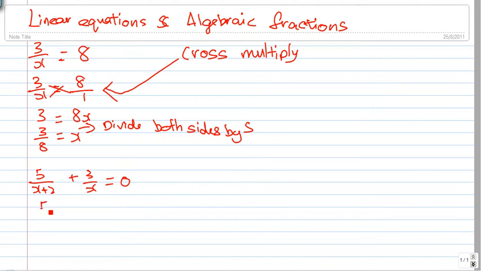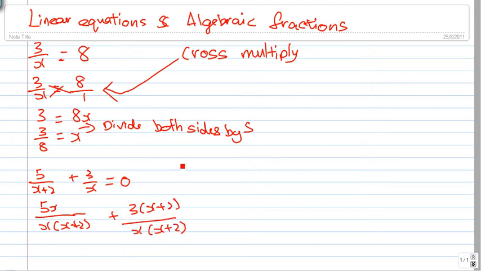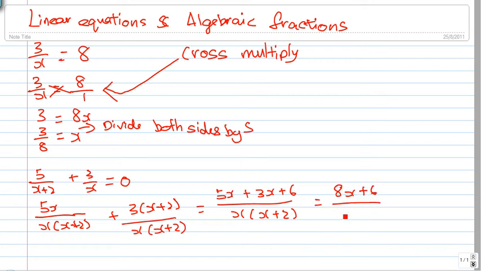What we'll get is 5x over x, x plus 2, plus 3 times x plus 2 over x, x plus 2. And then we'll get 5x plus 3x plus 6 over x, x plus 2. 5x plus 3x equals 8x plus 6, over x, x plus 2.